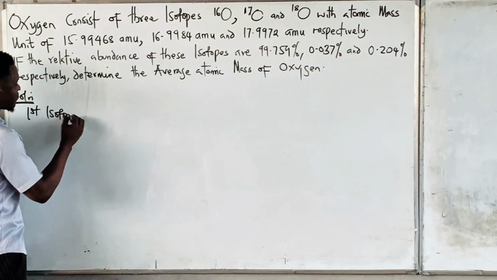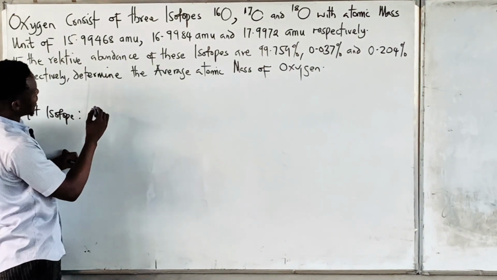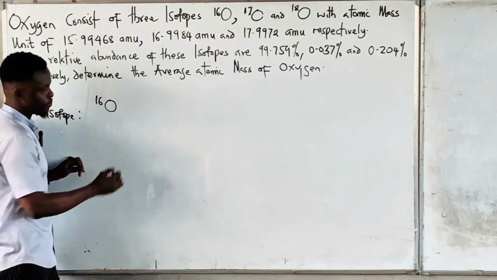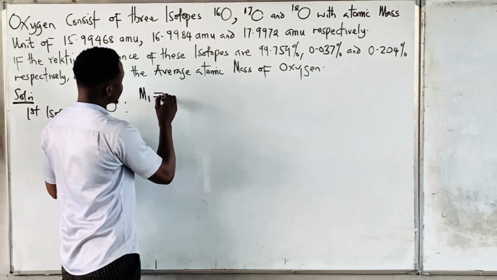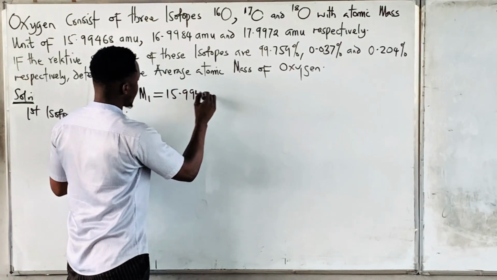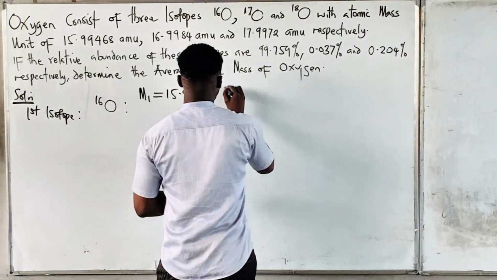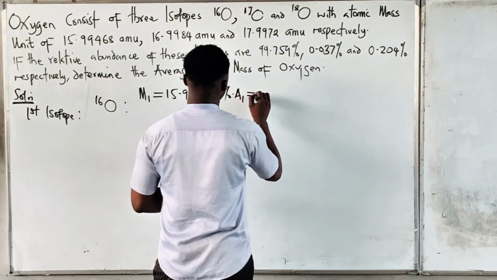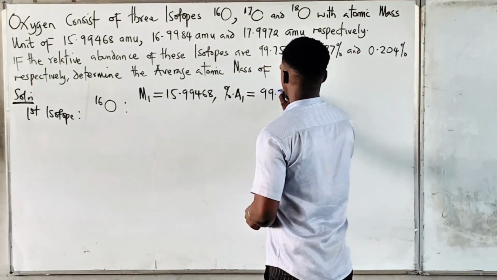Now the formula is going to be, I'll say, first isotope. I want to get the parameters for the first isotope. The mass of the first isotope is 16 O. The mass of this guy, mass 1, is 15.99468. Percentage abundance 1 is 99.759.